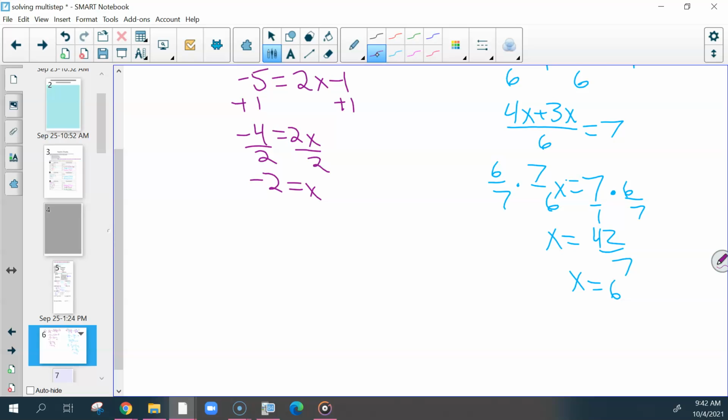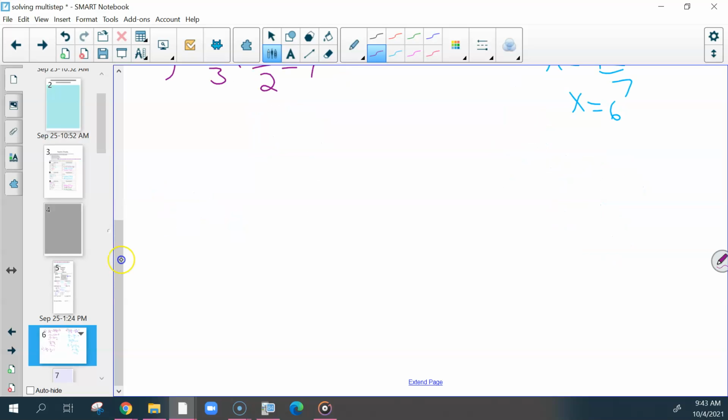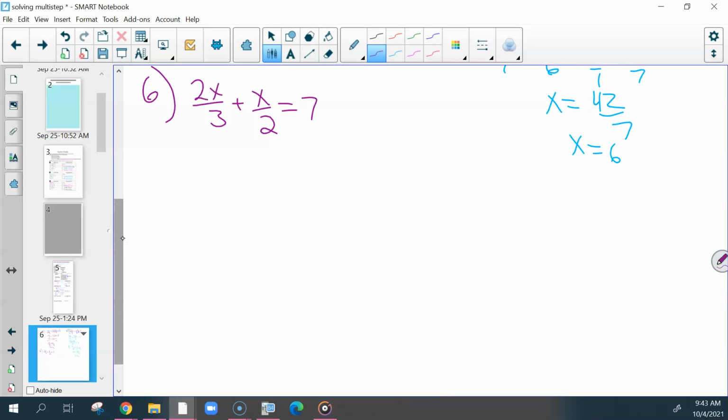Okay. Now, somewhere where you have space, rewrite that because we're going to do it again. So this way is if you want to start off by getting rid of the fractions.